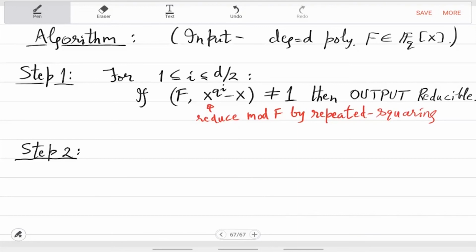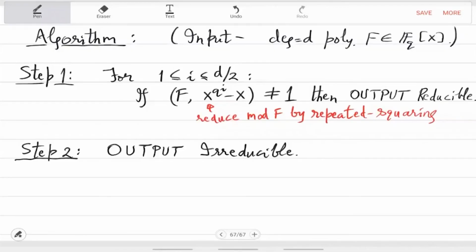So it means that big F is irreducible. Okay, so only when the whole for loop has gone through, you declare irreducibility. That's the certificate of irreducibility.